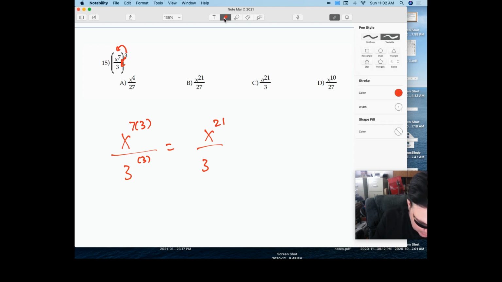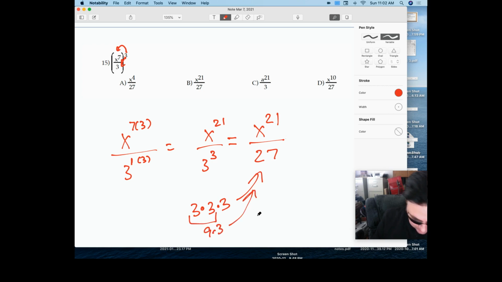It's 3 to the 1, so that would be 1 times 3, so 3 to the 3rd. Now, here, 3 to the 3rd is 27, because 3 times 3 times 3 is 27. Again, 3 times 3 is 9, 9 times 3 is 27. And there we have it.